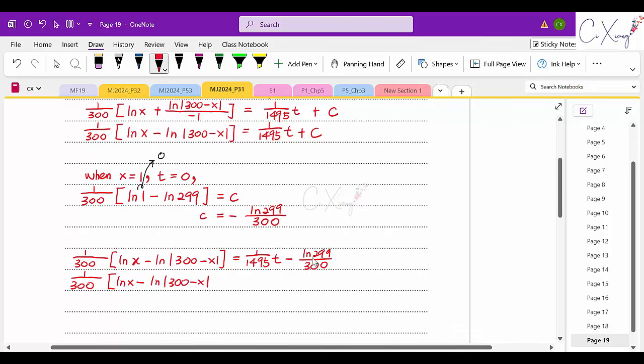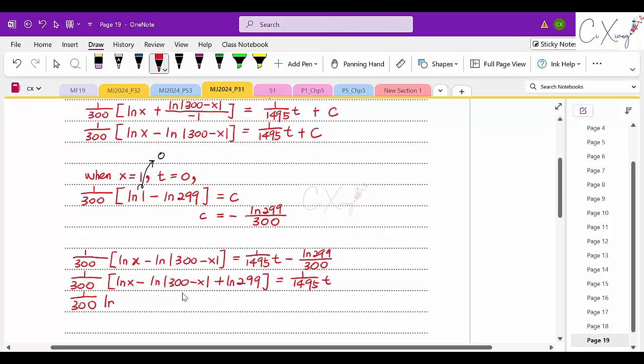Then the ln 299 brought over becomes plus, so you're having plus ln 299 equals 1 over 1495t.